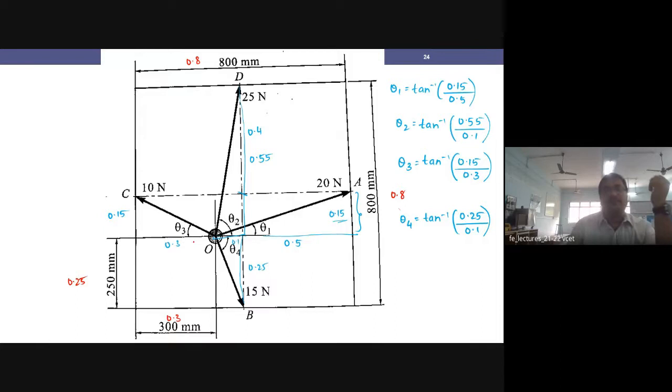Now we know the angles. Okay, next what I have to see, with respect to my origin at O, I have to mark the directions. I have to mark the resultant components, right? So for 20 Newton, I have 20 cos theta 1, 20 sin theta 1. Next, here I have 25 cos theta 2, 25 sin theta 2.